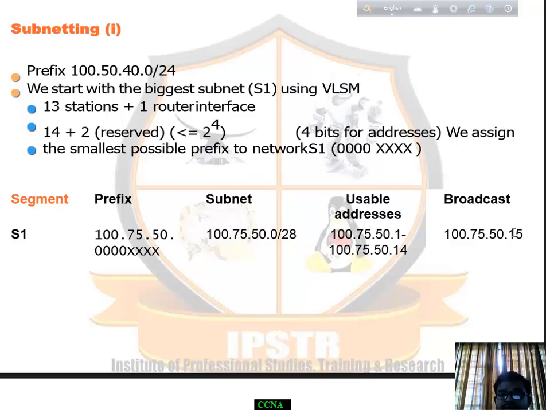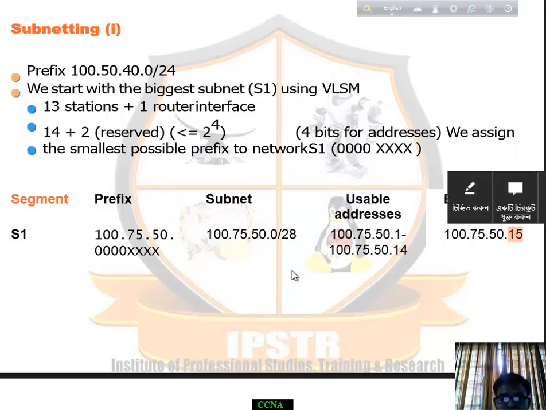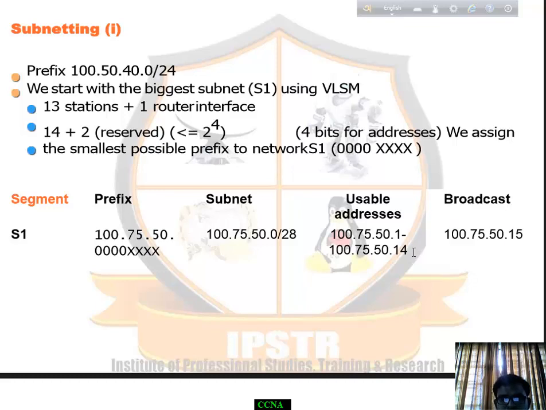We can get usable IPs 1 to 14 and broadcast 15. Okay, so our needed hosts is 14.